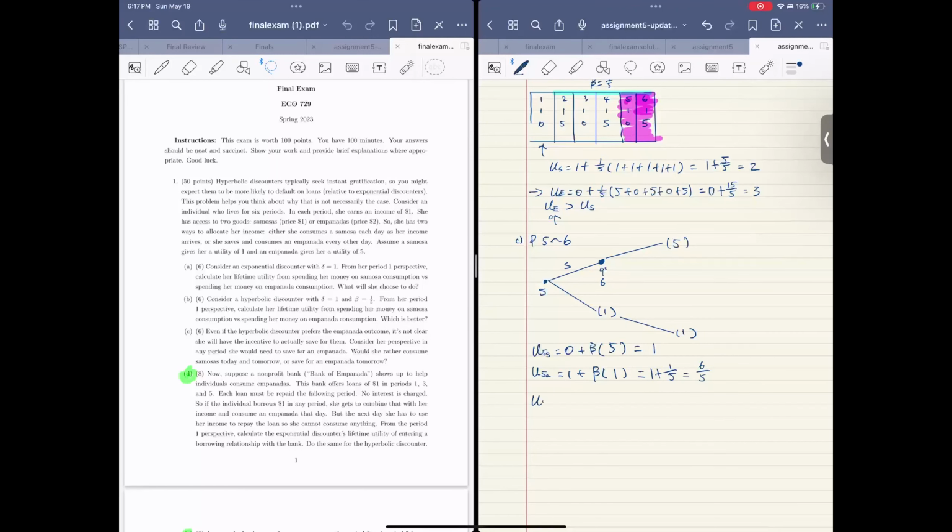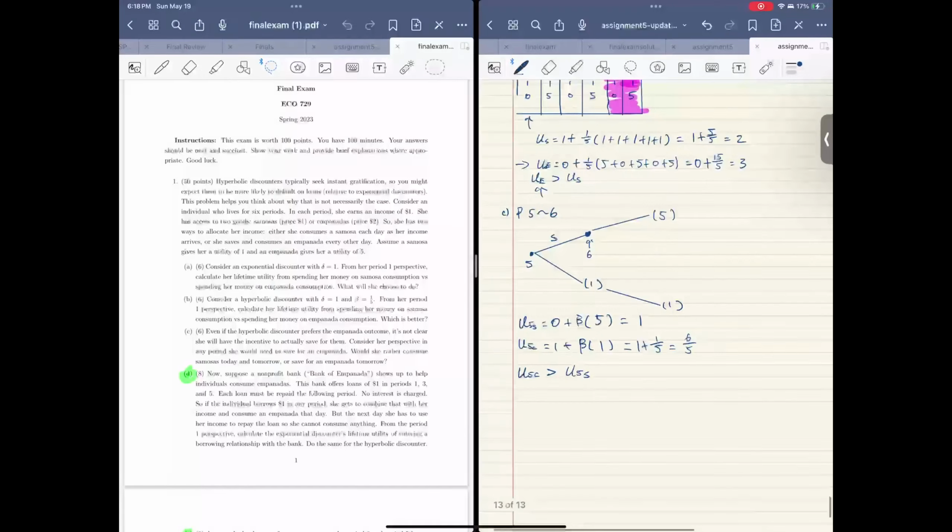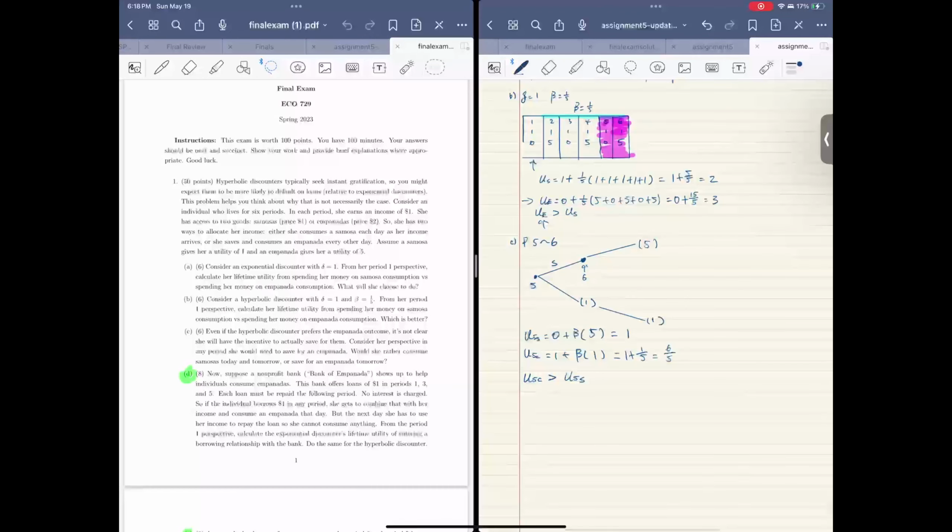So utility at period 5 of consuming is greater than utility of saving. Using backward induction, we know that this person would not save during periods 5 and 6. She would rather consume now than save for later.